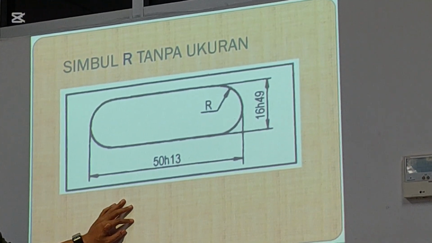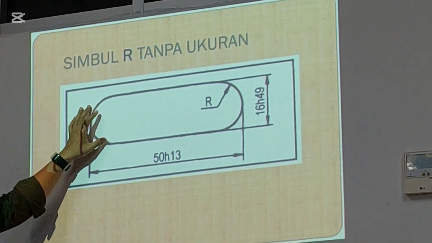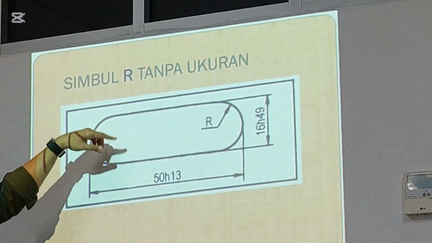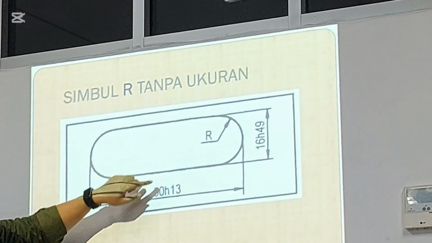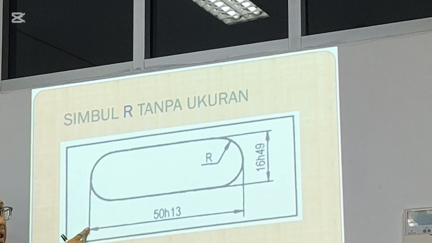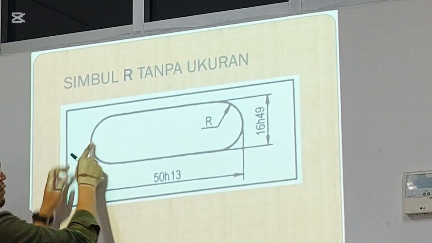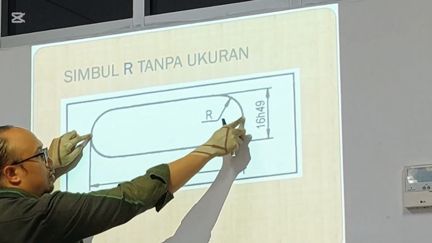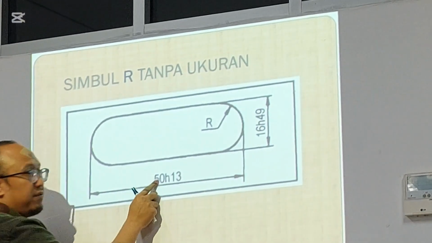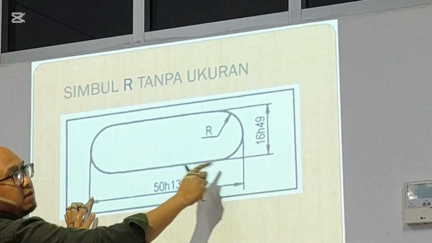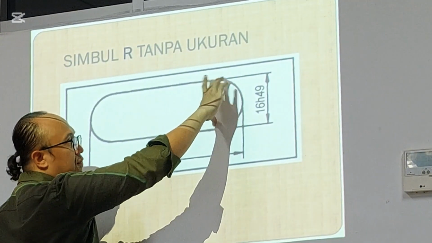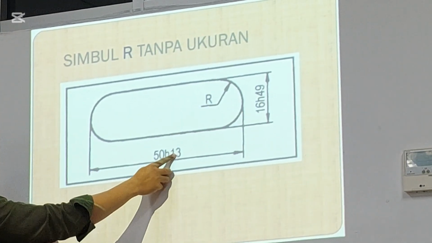And sometimes you see some dimensions without any arc letter. For example, 50 means the length between these two centers of the circles. So the distance is 50. And the diameter of the circle is 13.